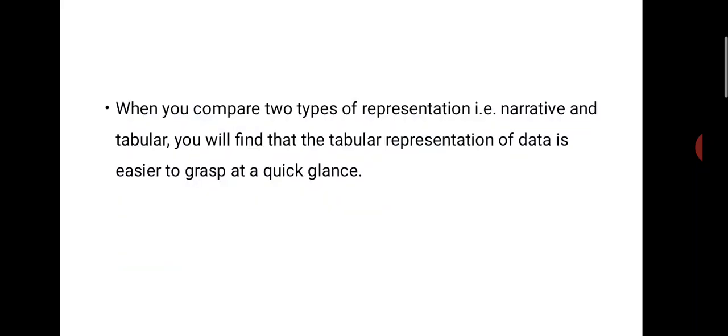When you compare the two types of representation, narrative and tabular, you will find that the tabular representation of data is easier to grasp at a quick glance. So you can understand how the tabular form is easy, and you can grasp it easily.